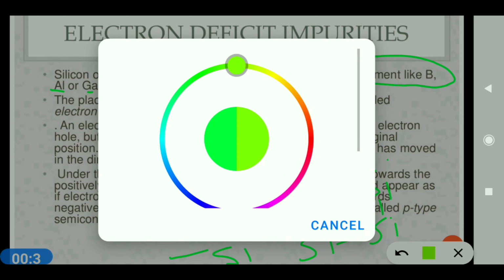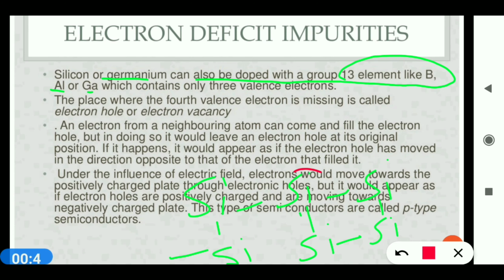One of the silicon gets substituted by the boron. So 3 valencies will be the same, but one will be missing, and an electron hole or electron vacancy will be present on the fourth side. Due to this hole, the conductivity gets increased.